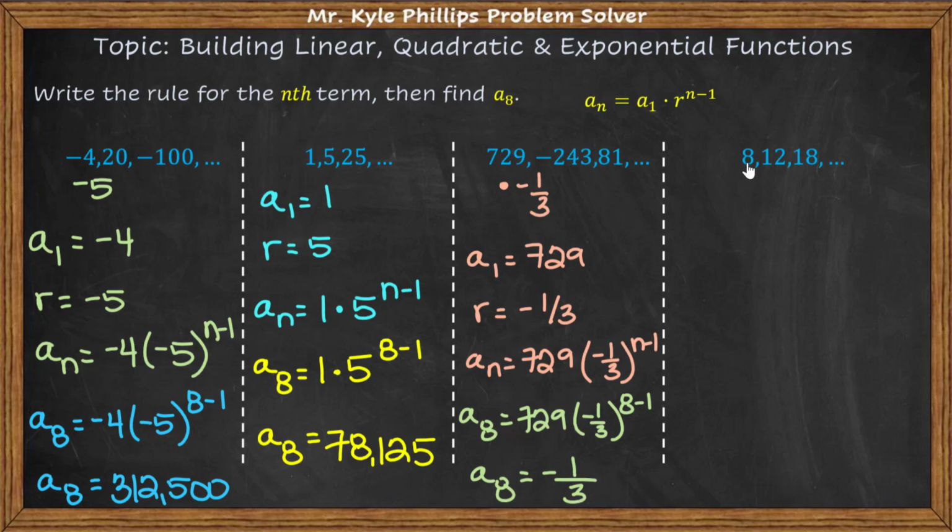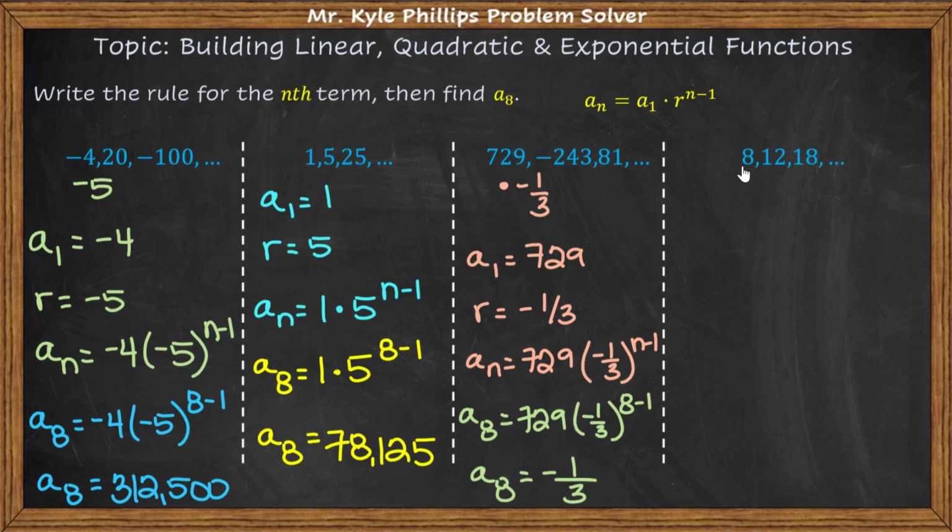And lastly, I have 8 to 12, 12 to 18. Now, right off the bat, it doesn't look like a common ratio, but we have to test. So here I'm going to say 8 divided by 12, and that's going to give me 2/3. Okay, if I took 12 and I multiplied it by 3/2, all right, so 1.5, I do get 18.